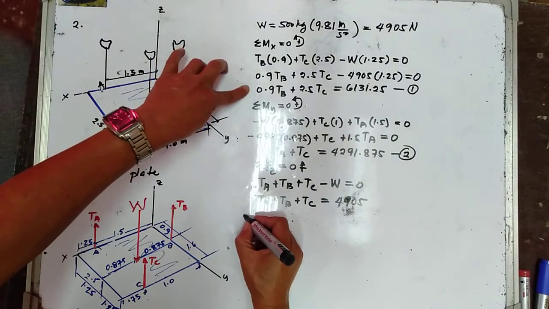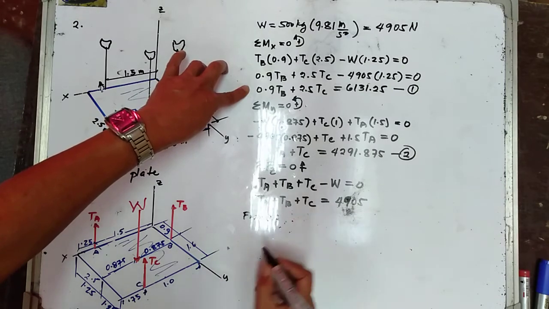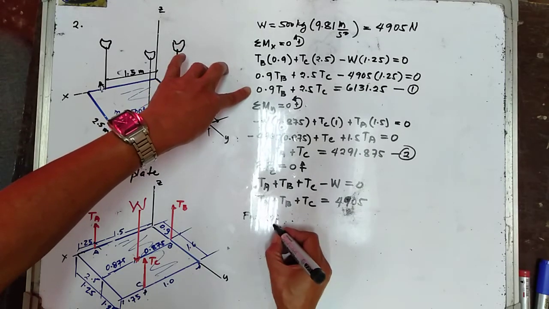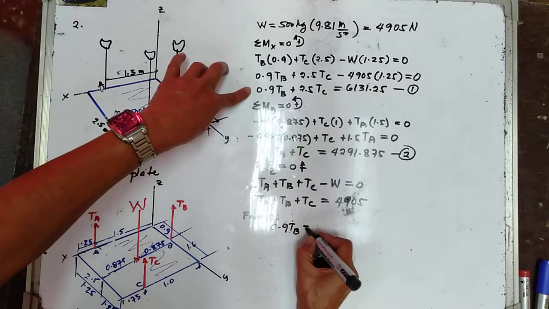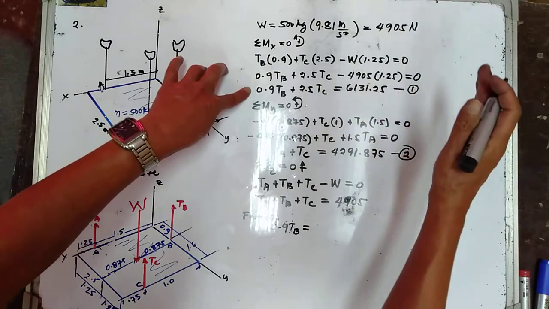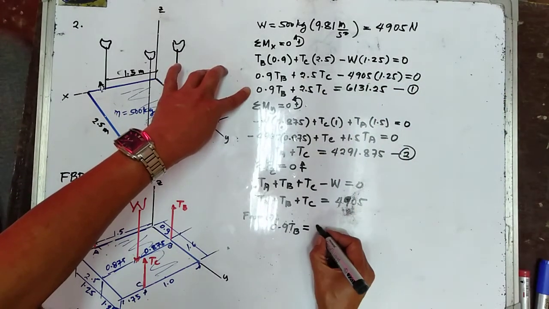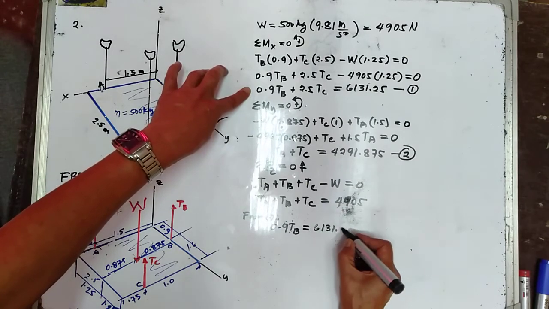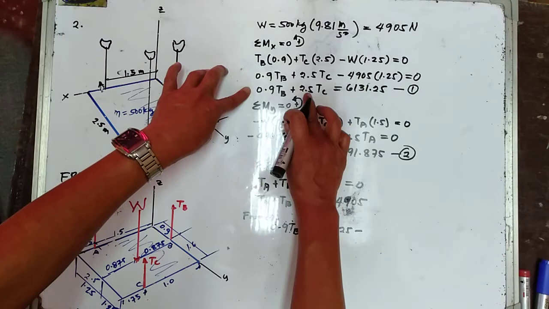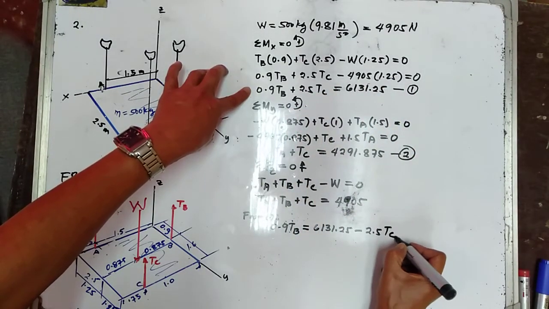Okay. Now, from equation 1, 0.9 T sub B is equal to, let's transpose this to the other side of the equation, 6131.25 minus 2.5 TC.